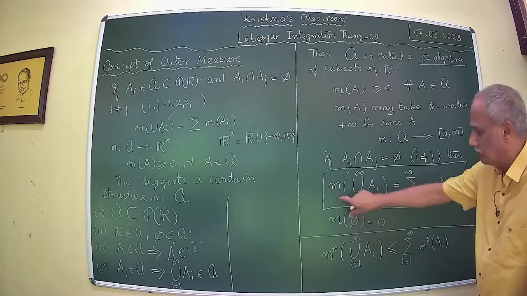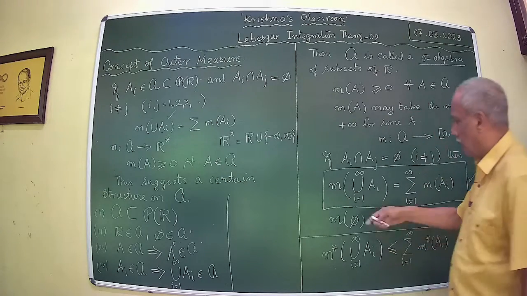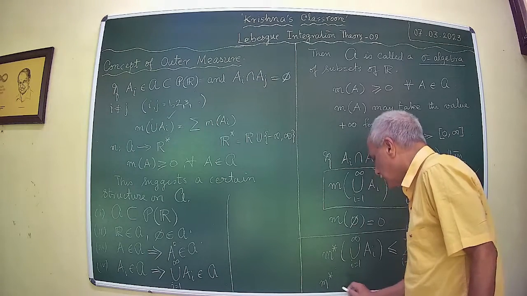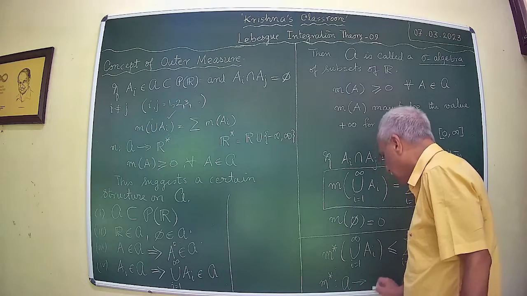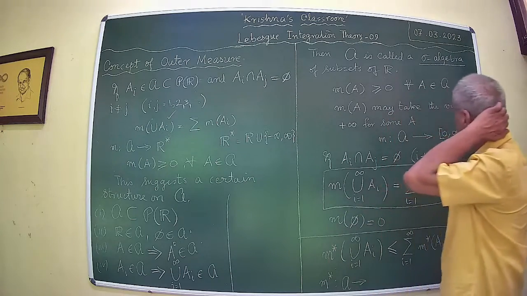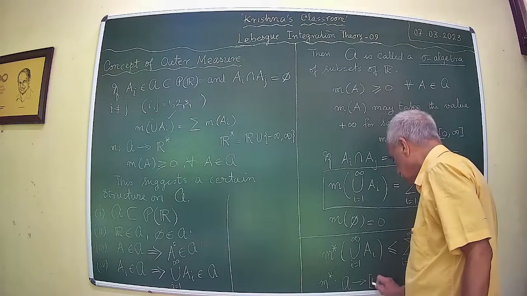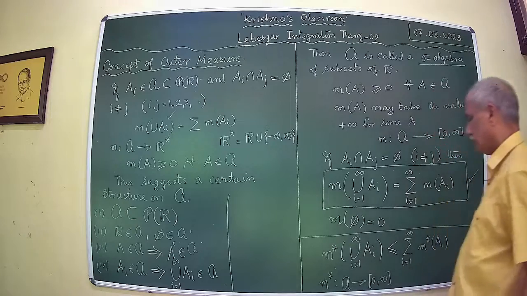Instead of m, you define some function m star, where all these requirements are true. That is, we should have this m star mapped on A to infinity.